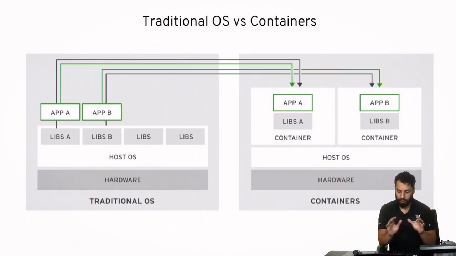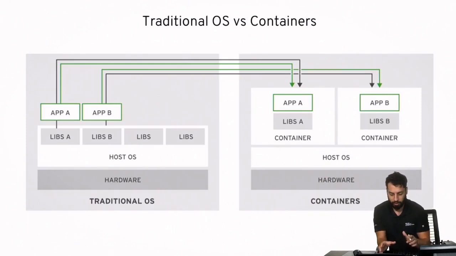Okay, so you saw my drawing earlier of a traditional OS, our traditional deployment on the left, and then on the right we have what a container architecture would look like. Remember, we've got these two applications on the left, and these applications are using a traditional architecture where they are borrowing their libraries from a host operating system.